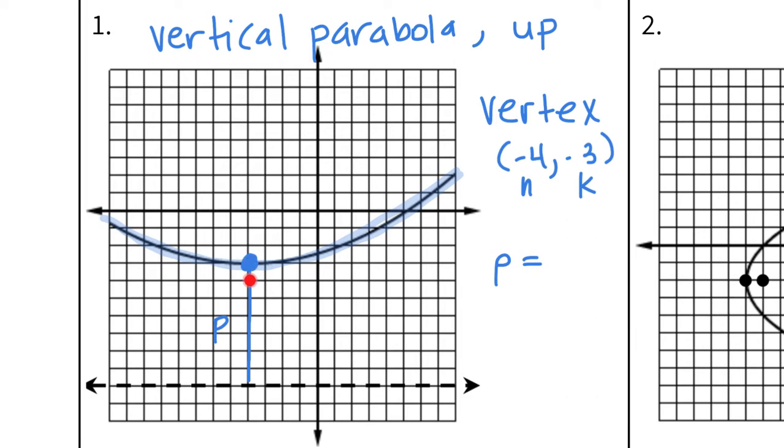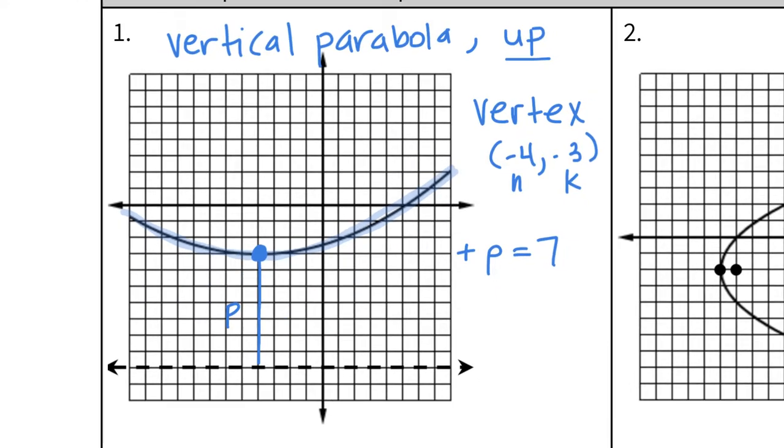So 1, 2, 3, 4, 5, 6, 7. Now, because this is opening up, I know that p needs to be positive, so that worked out pretty good. Okay, so now I think we have everything we need to write this equation.